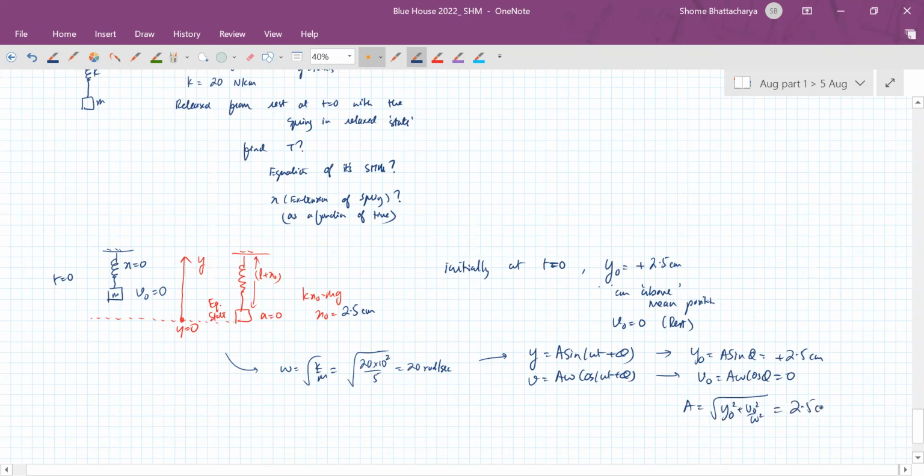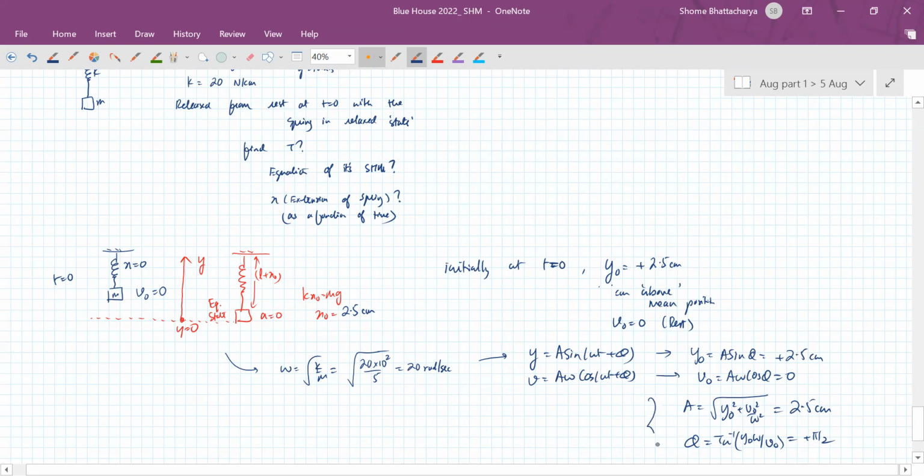So amplitude is 2.5 centimeters, and phase constant is in this case plus pi by 2, because sine is positive and cos is 0. Okay.